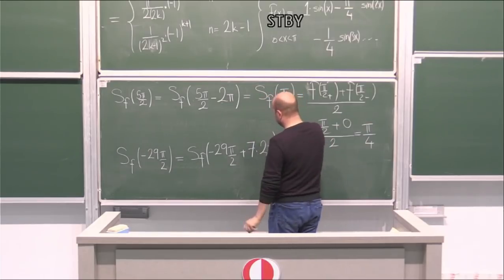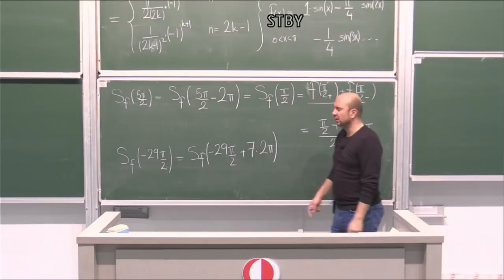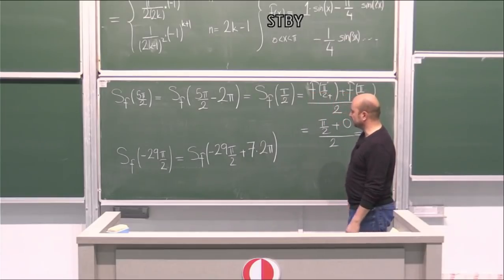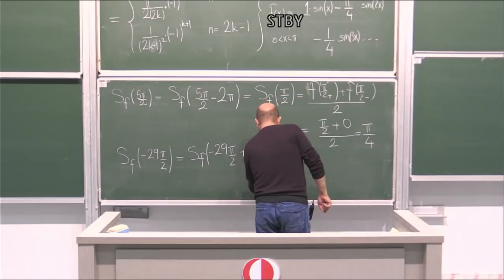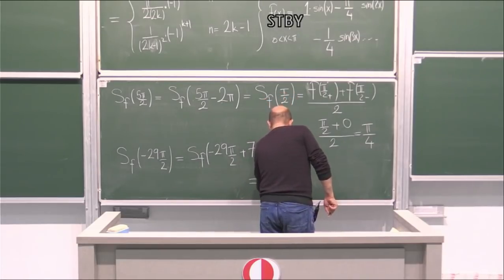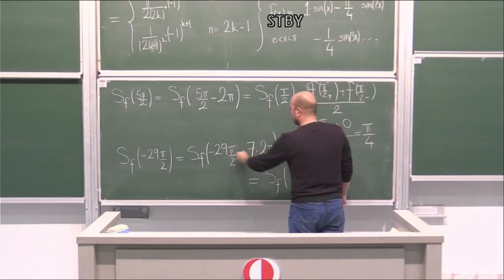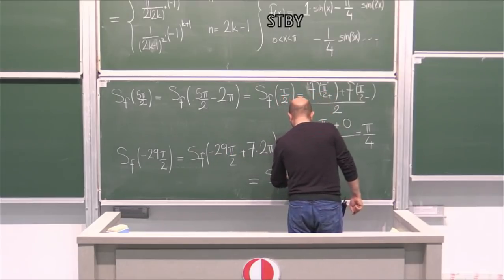Because my period is 2 pi, when you add its multiples, it won't change. So if you do this, this is going to be now minus pi over 2.